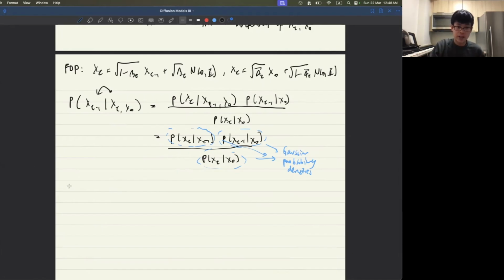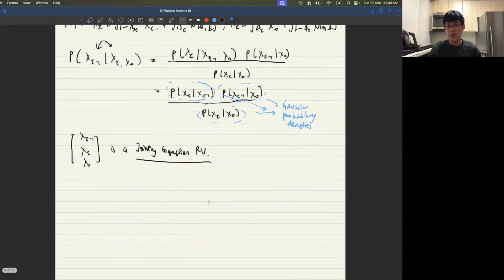So we can write that xt minus 1, xt, x0 is a jointly Gaussian random variable. And the nice thing about it is that this joint probability distribution is also a multivariate Gaussian, right? And we can write xt minus 1, xt, x0 as normal.